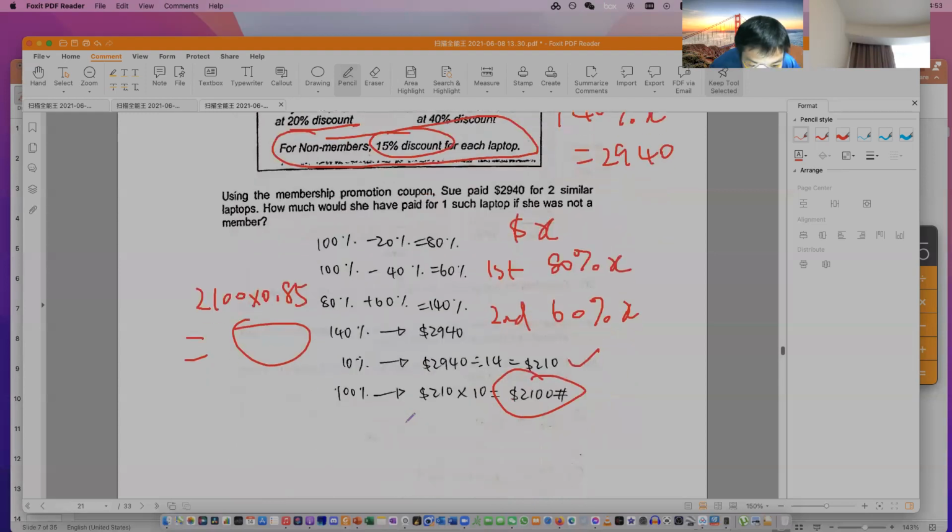I think you did not read this statement. Even for non-members, you get this 15% discount also. I think you missed out on this. Am I right? So the answer is 2100 times 0.85.